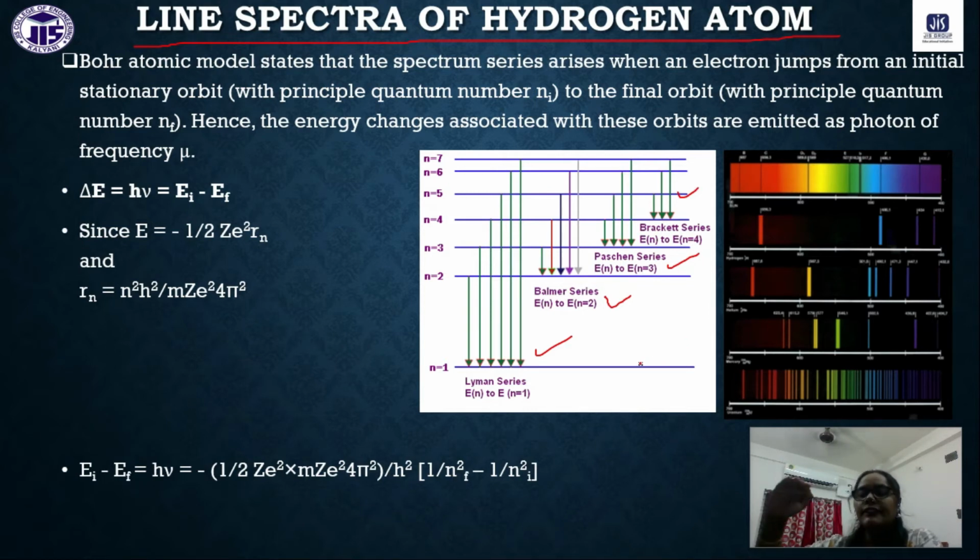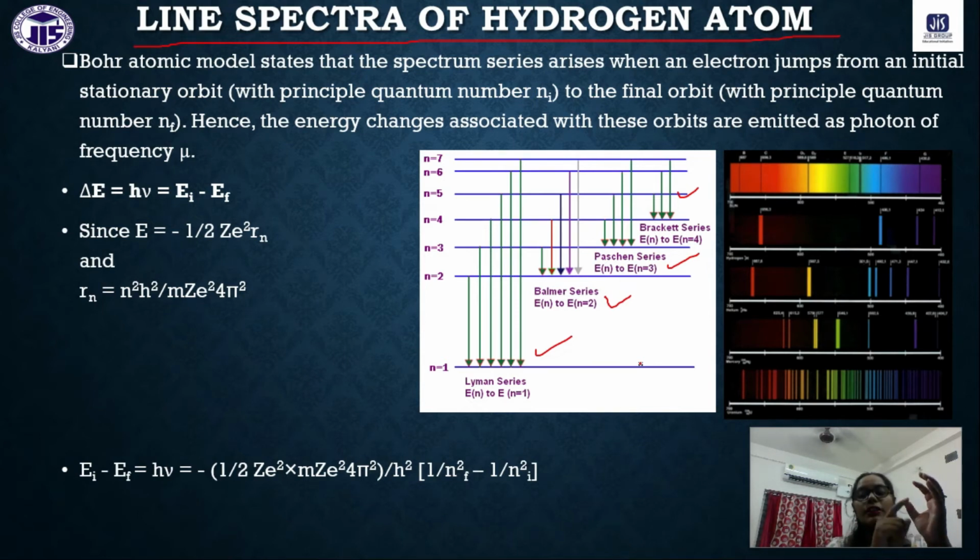According to Bohr's model, the electrons are revolving around the nucleus in a specific orbit, right? And we have a specific angular momentum for each electron, and the electrons are not continuously radiating.